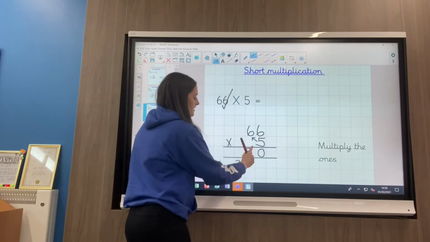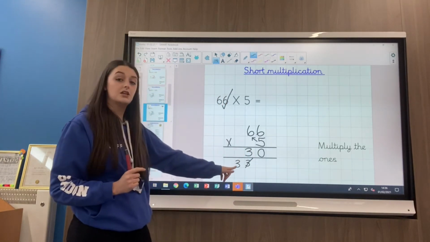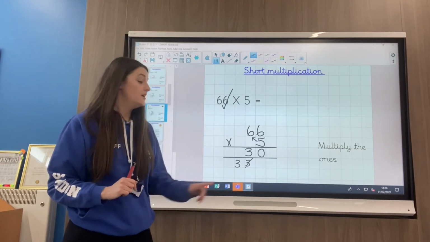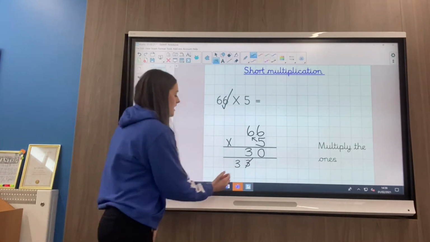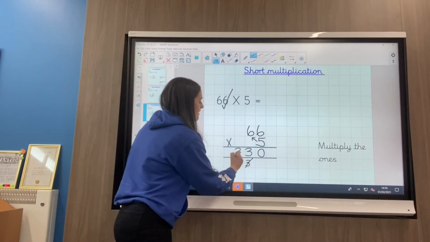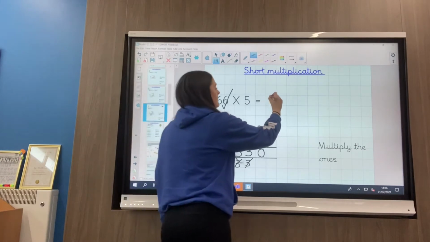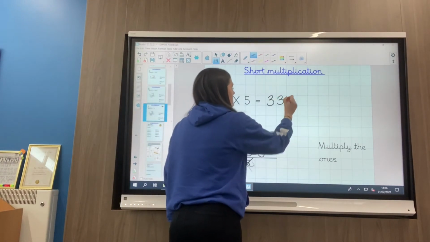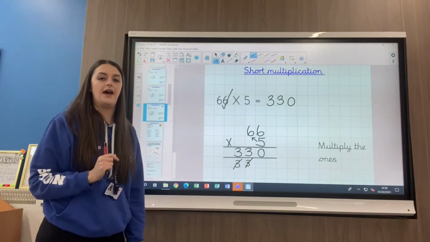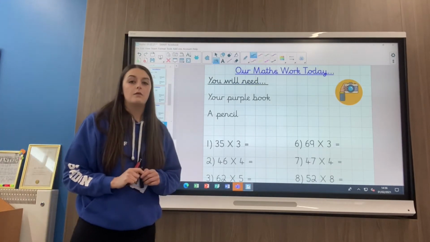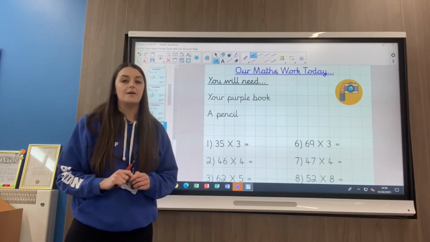And it's 33 tens, so I'm going to exchange it and pop it under my hundreds column. I've got no hundreds to multiply and these 3 hundreds to add on. So I'm going to cross it off, and our answer, let's see if you got it too, is 330.